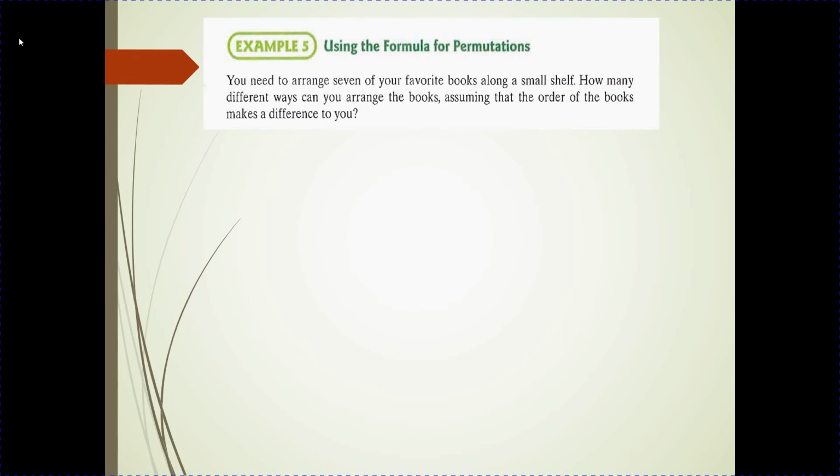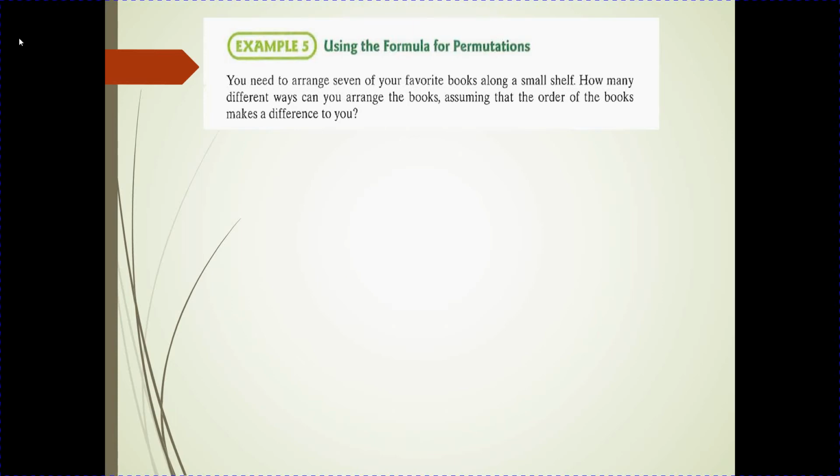Example 5. Using the formula for permutation again, you need to arrange 7 of your favorite books along a small shelf. How many different ways can you arrange the books, assuming the order of the books makes a difference to you? So here again, since order matters, you are going to use a permutation. How many items do you have in total? 7. So you are going to arrange these 7 books on a shelf.